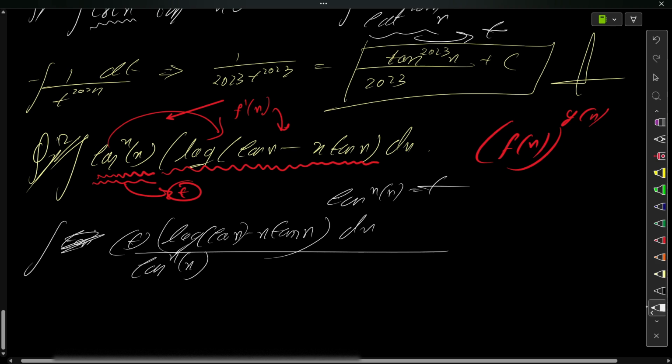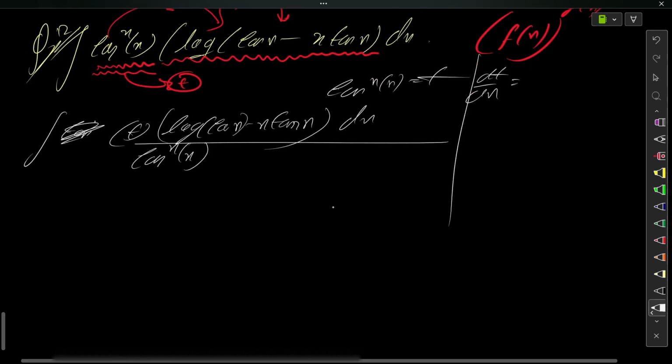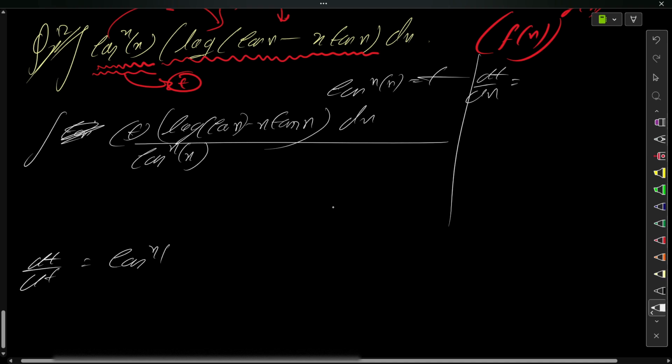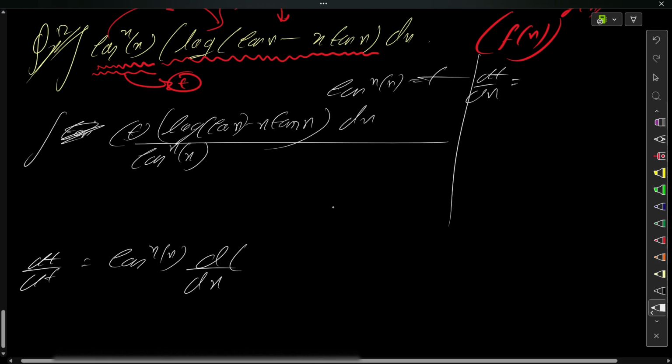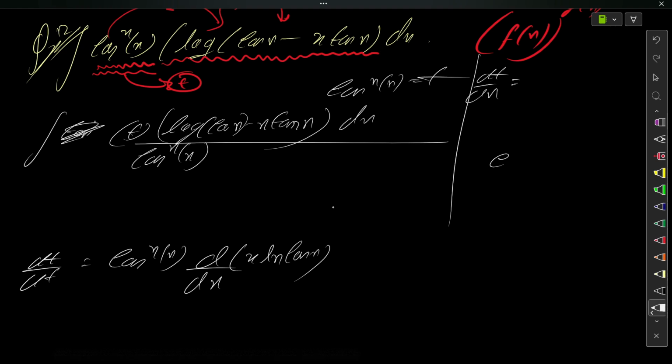Now I am differentiating it. So dt by dx could be written as cos x to the power x times the derivative with respect to x of x ln of cosine x. What I'm just doing is writing it as e to the power x ln of cosine x as t, and now I'm differentiating it using the chain rule.